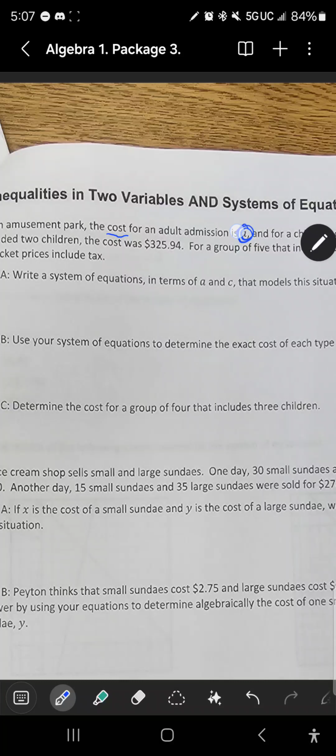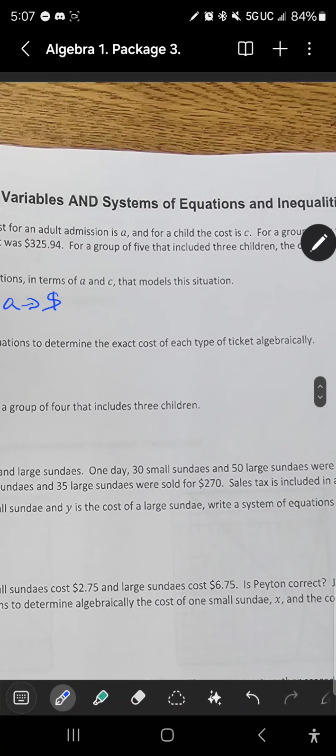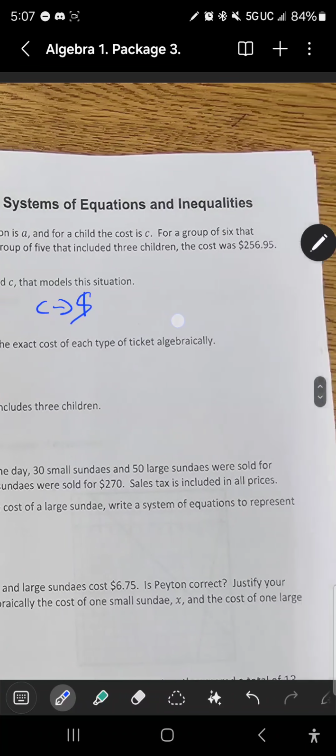So it has a dollar symbol in it. A is equal to money. Now, the cost for a child is C. So C is also money.